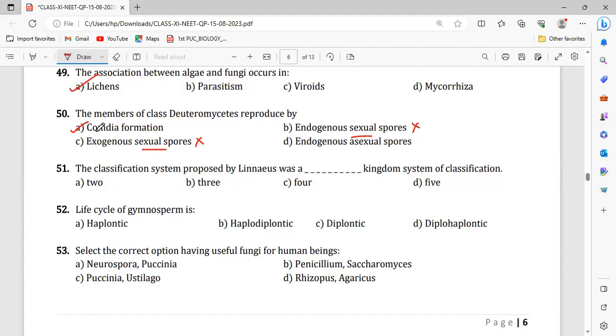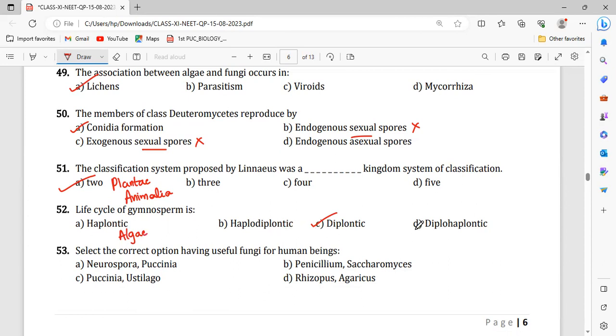Then the classification system proposed by Linnaeus was actually two kingdom classification. So one is Plantae and the other is Animalia. Then life cycle of gymnosperm, it is diplontic. Then under haplontic, we have algae.